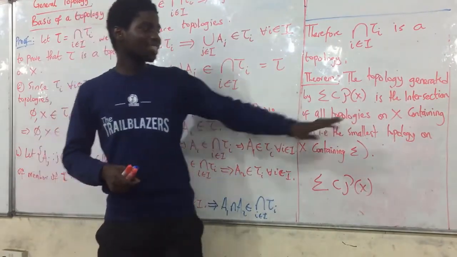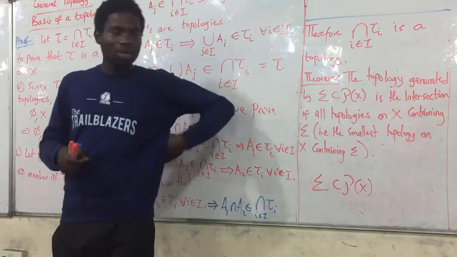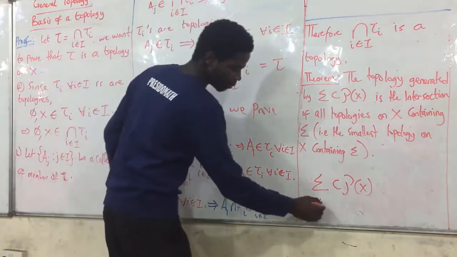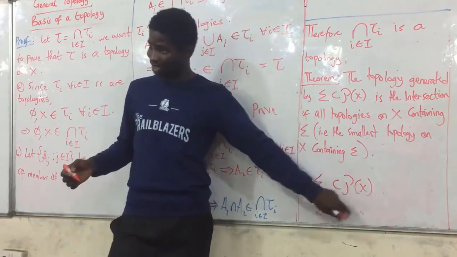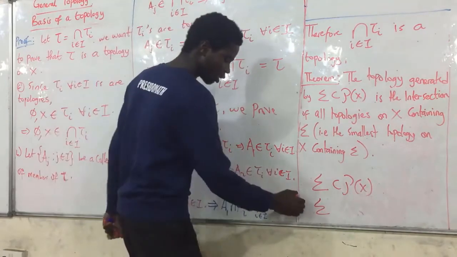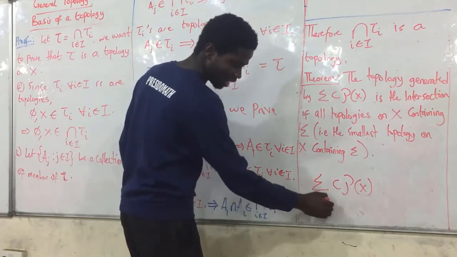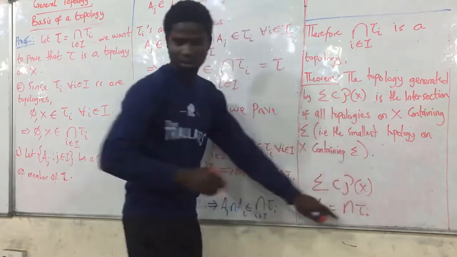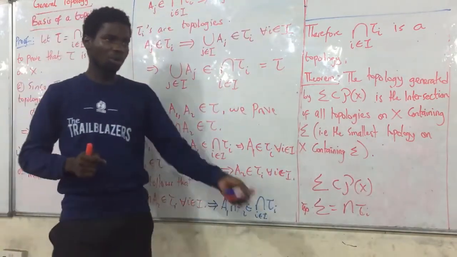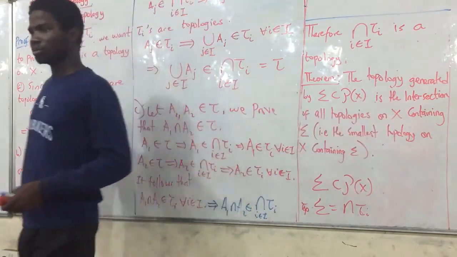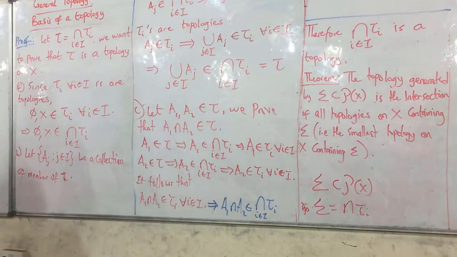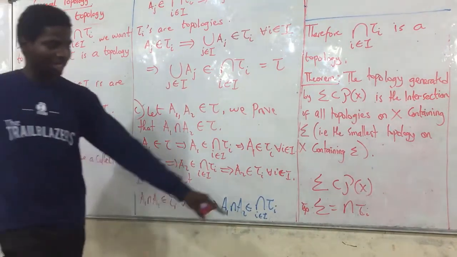Do you understand? What they are trying to say is that if the sub-basis is a subset of the power set, the topology this sub-basis will generate is actually equal to the intersection of all topologies on X containing the sub-basis.